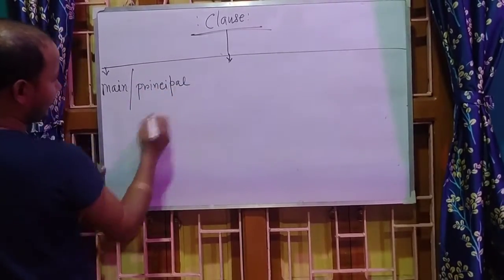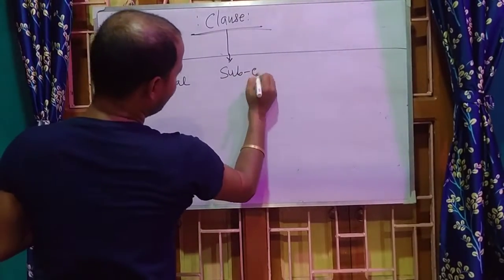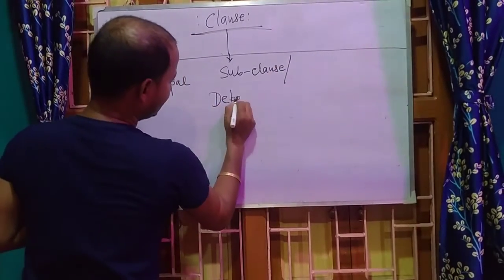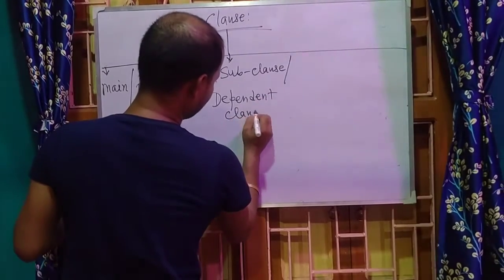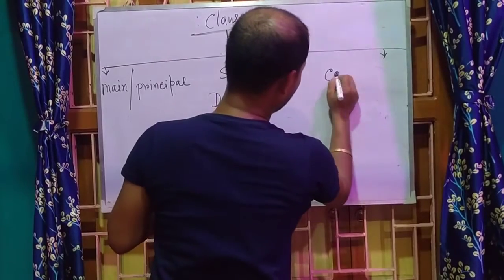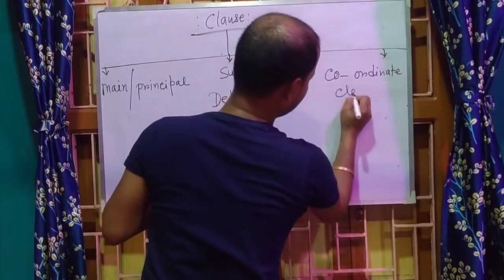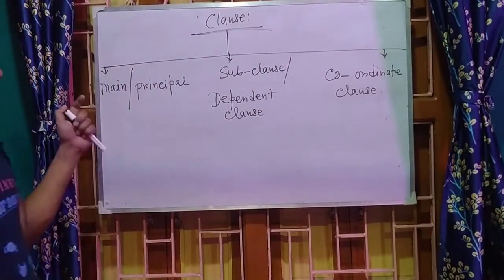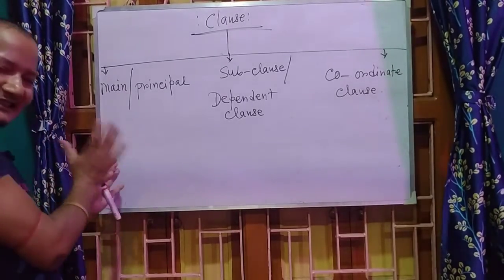Another is called sub clause or dependent clause. And the last one is called coordinate clause. So now I am making you understand the function of these clauses.